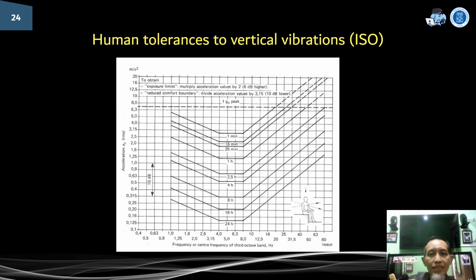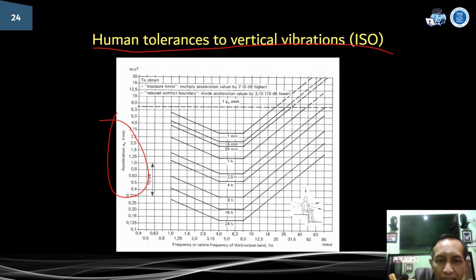Human tolerance to vertical vibration. This is ISO. This is acceleration, and this is frequency or center frequency.